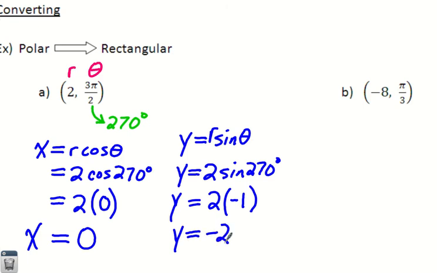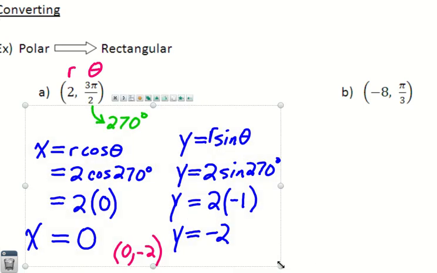And so overall, y equals -2, right? And so the overall coordinates here would be 0, -2. Those would be the rectangular coordinates. So plotting this point on an xy axis would get you the same point as plotting this point on a polar graph. Okay?